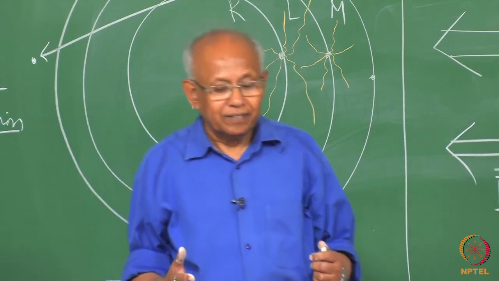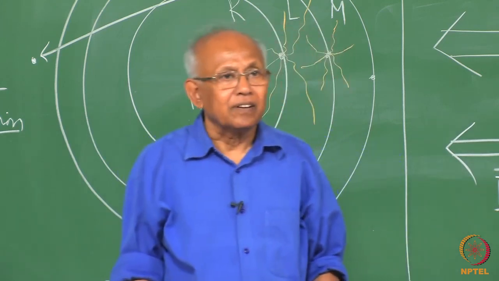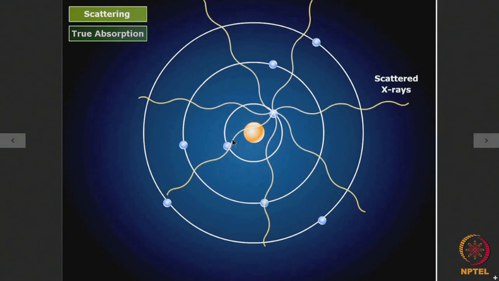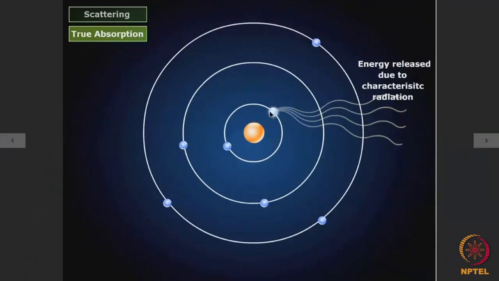When we have an interaction of X-rays with matter, we have now realized what things are possible. Some of the X-rays will be simply scattered away in all possible directions, and in addition to that, some of the energy will also be lost when a characteristic radiation is produced, when an electron is knocked out of the K shell.